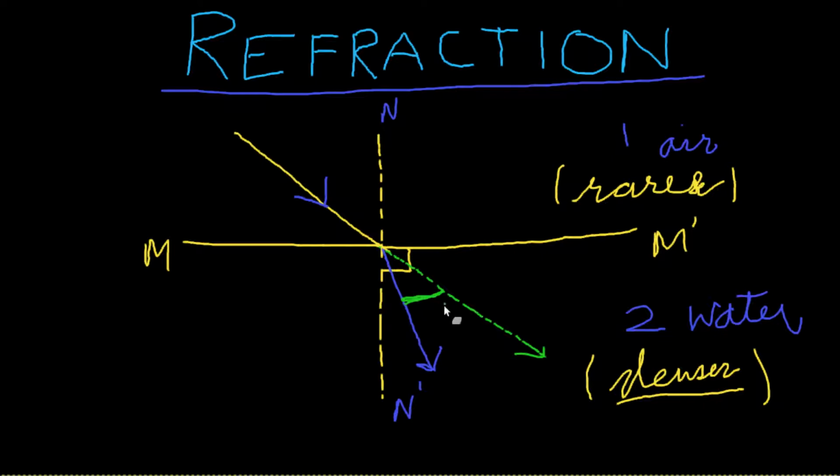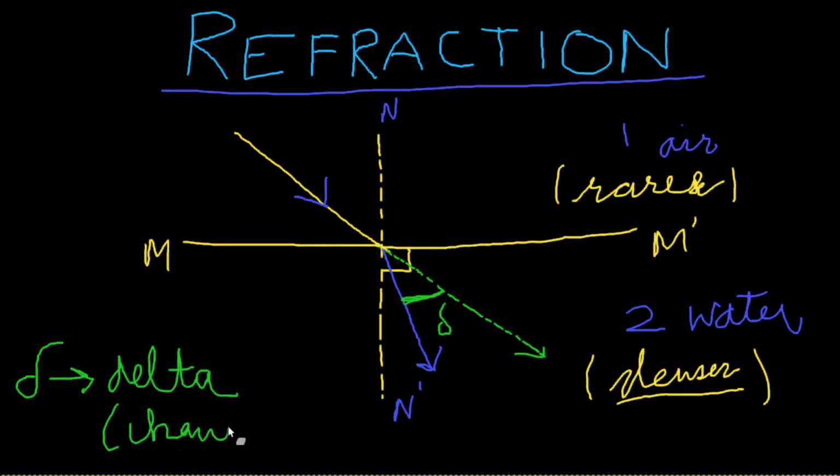Don't get scared, it's only delta. And guys, delta denotes change. If you do take up sciences next year, then you have loads of deltas coming your way. So, this is just delta, and this delta just denotes the change in angle here.